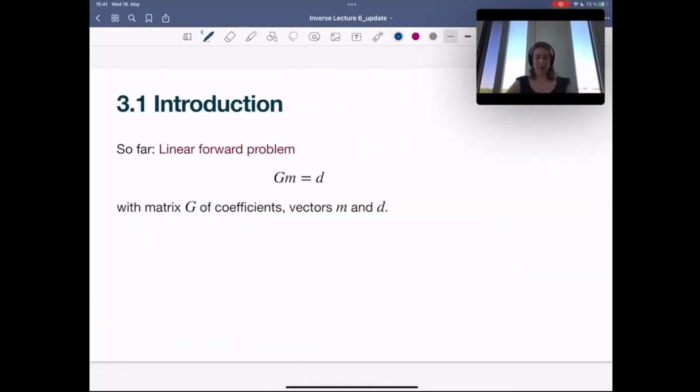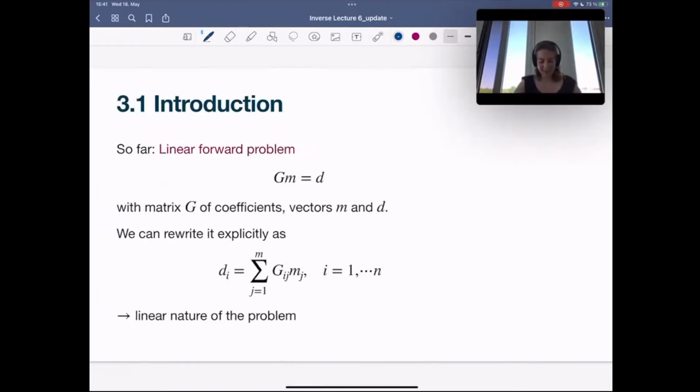So far, we have only considered linear forward problems of this form, G times M equals D, where the matrix G consists of coefficients, and we have the two vectors, where M is the model parameter vector and D the data vector.